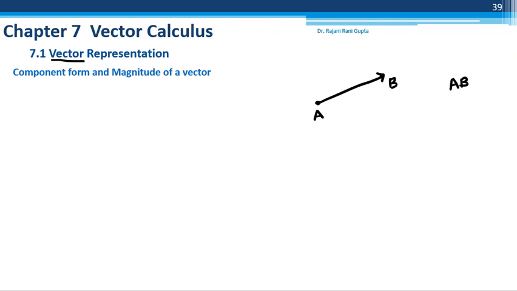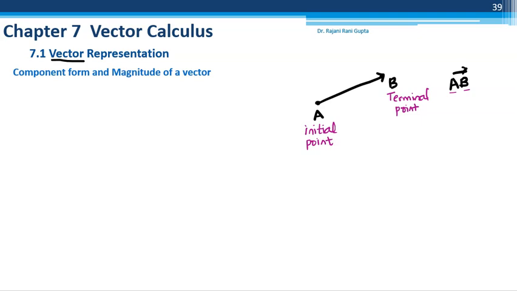The vector is AB. When I write it as AB, it means A is the initial point, the point where the vector begins, and B is called the terminal point or end point. We denote the vector as AB, initial point and then terminal point.